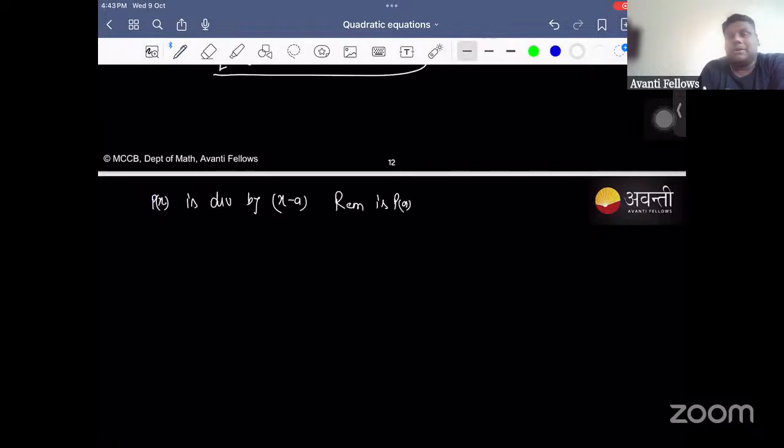If you guys remember, we have done this theorem in 10th class also. So when this P(x) is divided by x minus a, remainder is a. That means P(a) is a.